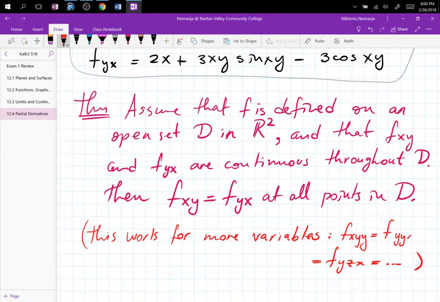So yx and yxy. So those are all the combinations, no more. You can take whatever amount of derivatives you want. So this is technically equivalent to the third derivative. You only have two variables, but it's equivalent to the third derivative.